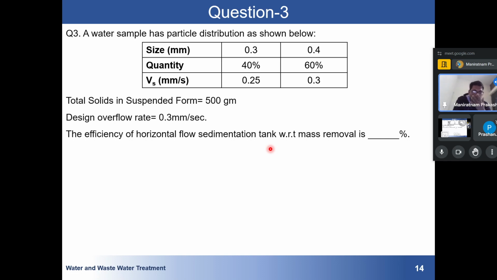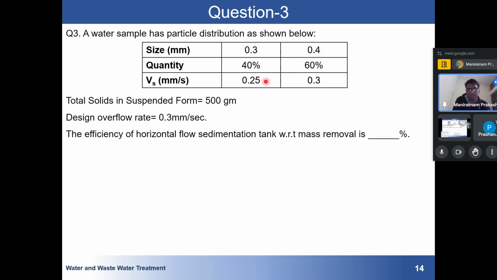So now you have to find out the horizontal efficiency. If you are appearing in the GATE, this kind of question has also appeared in GATE. The hint you should get from the question is that the design flow is 0.3, and corresponding to 0.3 the size is 0.4 mm.